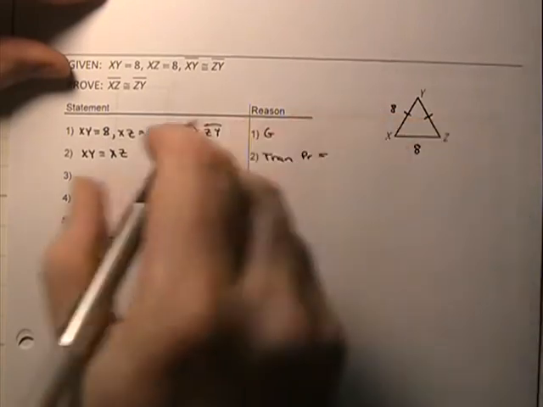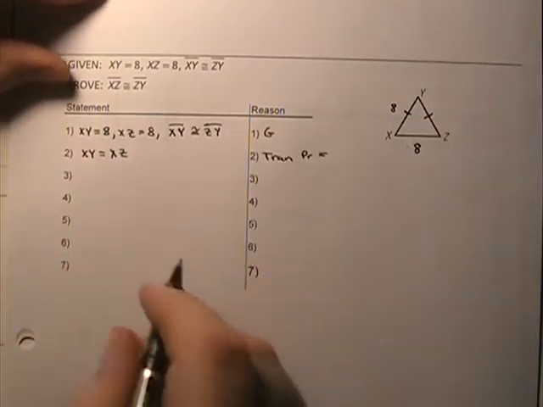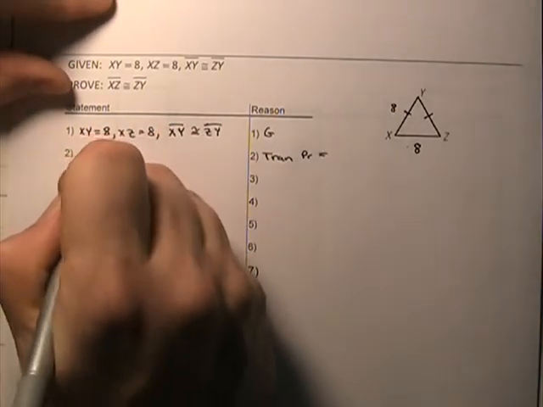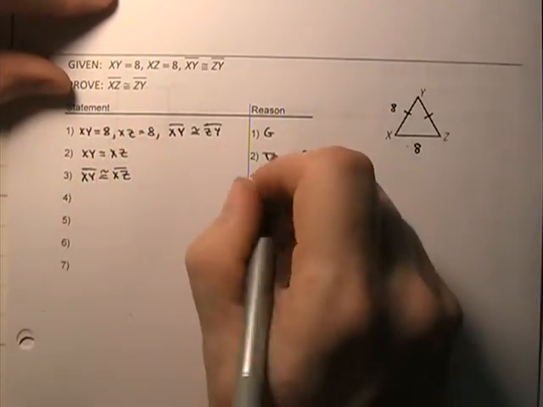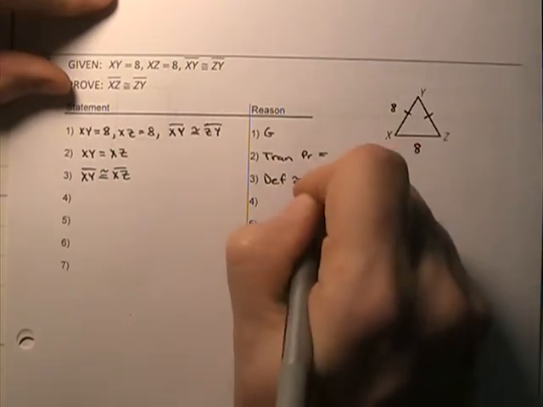Transitive property of equality: if A equals B and B equals C, then A equals C. And that means the segments would be congruent from the definition.